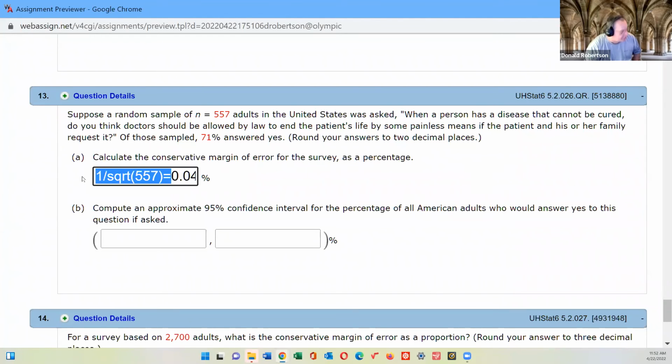Now, that's not the correct answer because they want a percent, which you can see here. Now, if I turn that into a percent, you simply just multiply it by 100 and you get that. Now, when they said here, round off the answer to 2 decimal places, I'm not 100% sure I know what they mean.